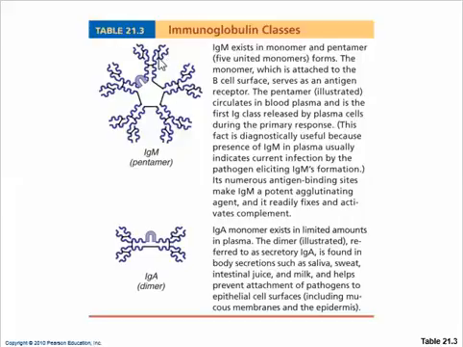So in this case, there would be 10 antigen binding sites. This one has 4. It's kind of 2 joined together, as it were, with 4 binding sites. This one acts kind of as a chain gang, and this one acts more like handcuffs or leg irons. And we find these ones in all kinds of secretions.